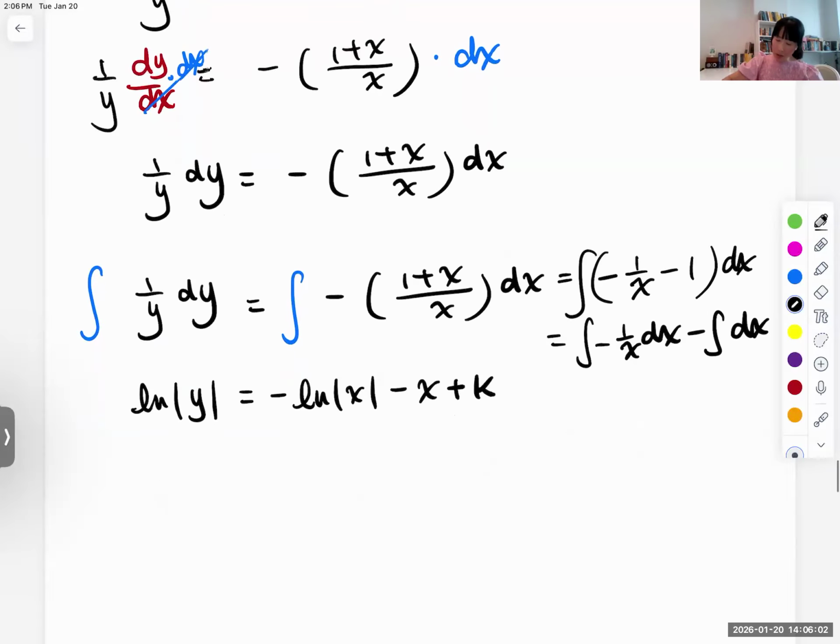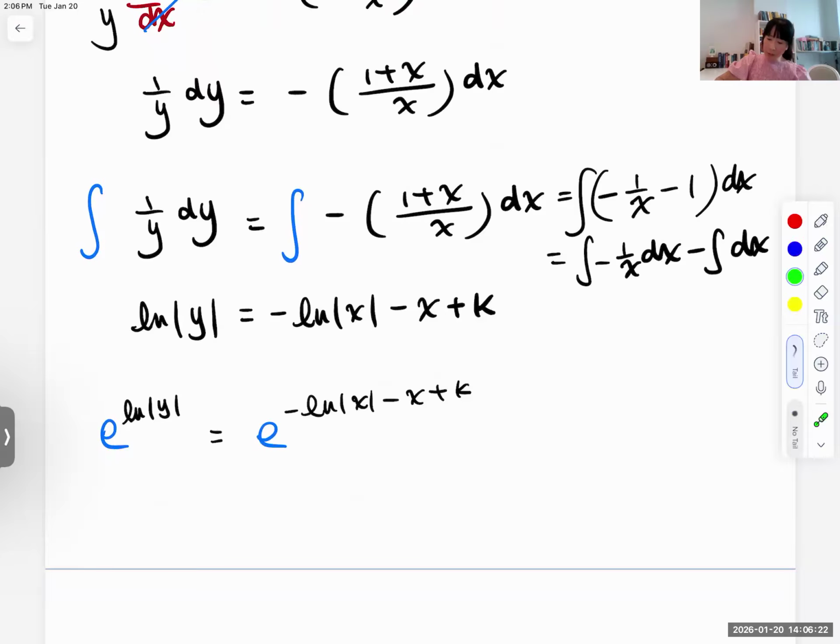Okay, now we want to solve for y. So we take e to both sides. So there will be e to the negative ln x minus x plus k, yeah? Let's split everything in this power, right? And we had experience with the negative sign, giving it to the power here, right? Let us do one step.